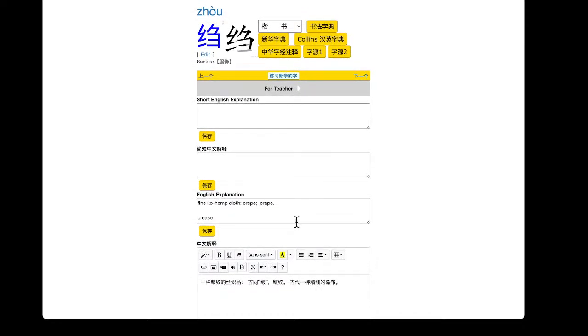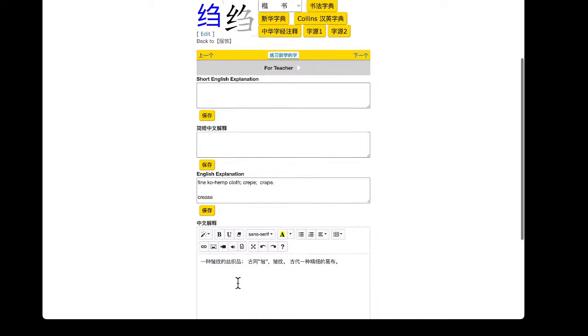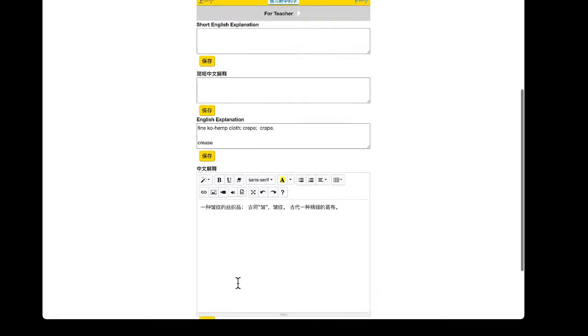Next one. 皱. 皱 originally means a silk piece that has 皱纹, wrinkles.